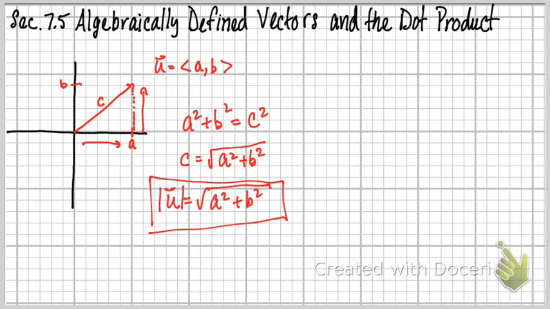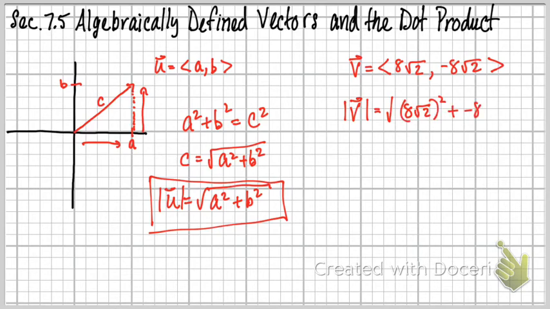All right, so let's take the vector v equaling ⟨8√2, -8√2⟩. We want to find the magnitude here. So I'm just going to write this out: the magnitude of v is equal to the square root of (8√2) squared plus (-8√2) squared, all of that square rooted. Then 8 squared is 64 times 2, so that's 128.